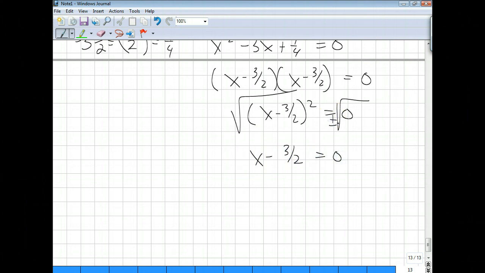But plus or minus 0 is just 0, and add 3/2 to both sides. Okay? Which means that when we get just one number like this, this means that it would have been a double root. So in other words, that 3/2 is a root twice. So this is a double root.